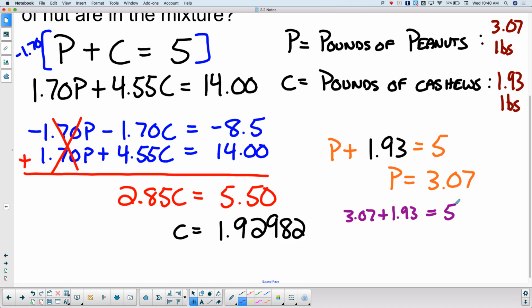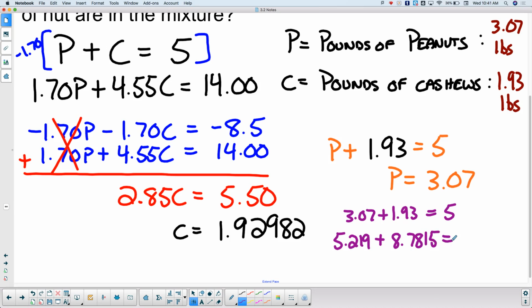1.7 times 3.07 is 5.219-ish plus 4.55 times 1.93 is 8.7815.